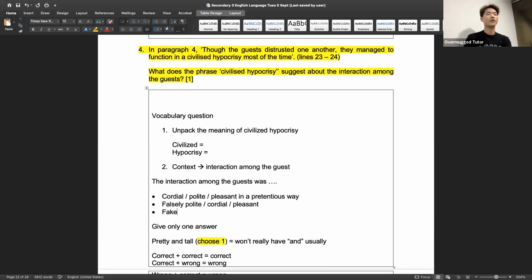Or if some people just say very fake, they may accept it also. But why can't fake be accepted? Because you need to unpack the word civilized also.